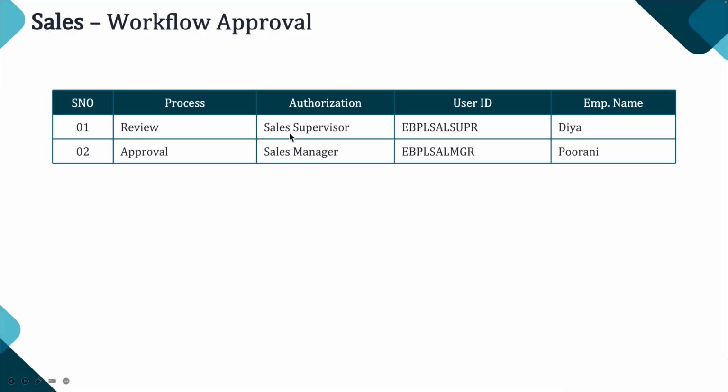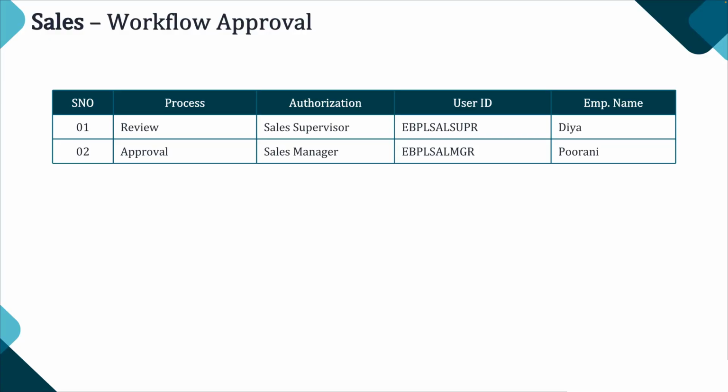After having a review, Dia will be forwarding the document for approval to Purani, who is our sales manager here, and will be approving the document. And so after approving, the document will be getting approved. So this is the flow of our workflow. After giving the approval, the sale order amendment will be getting created.